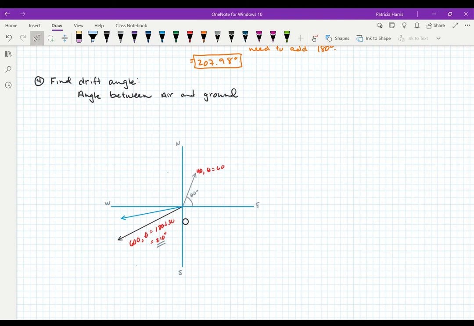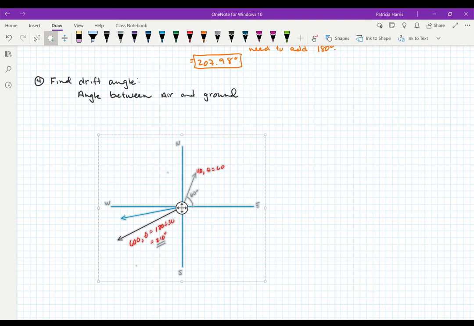There we go. Now we have this drawing that we can reference. This right here is your wind, this right here is ground, and this long one down below is our airplane. We want to find the angle between the airplane and the ground, so we want to find this angle right here.